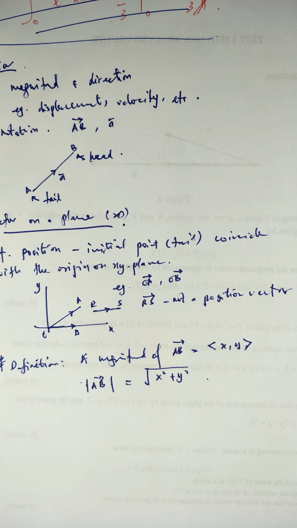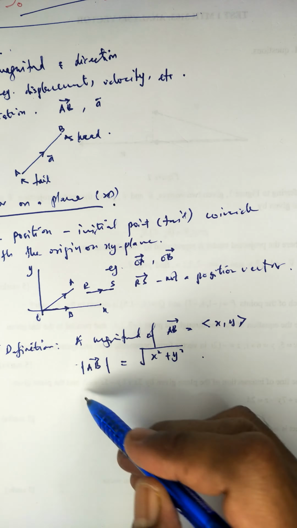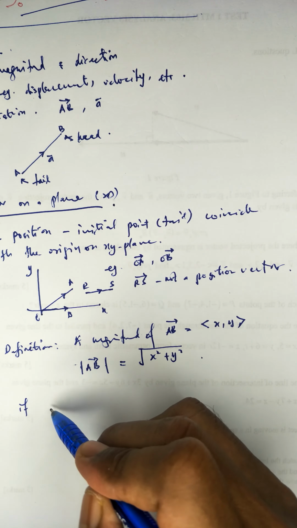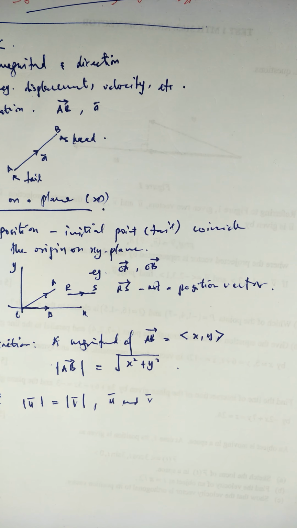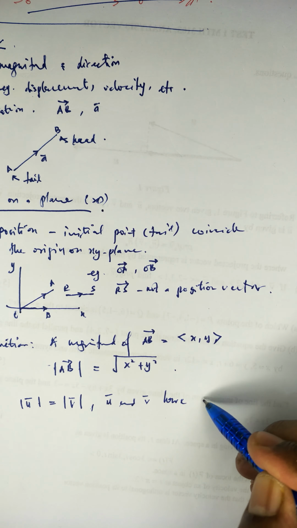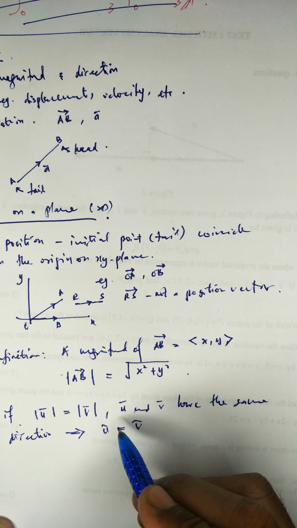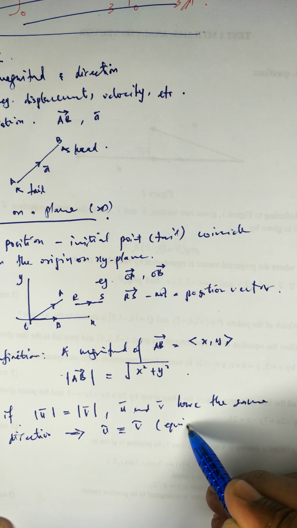That's the magnitude. Then if the magnitude of vector u is equal to the magnitude of vector v, and u and v have the same direction, then we say vector u is equivalent to v.